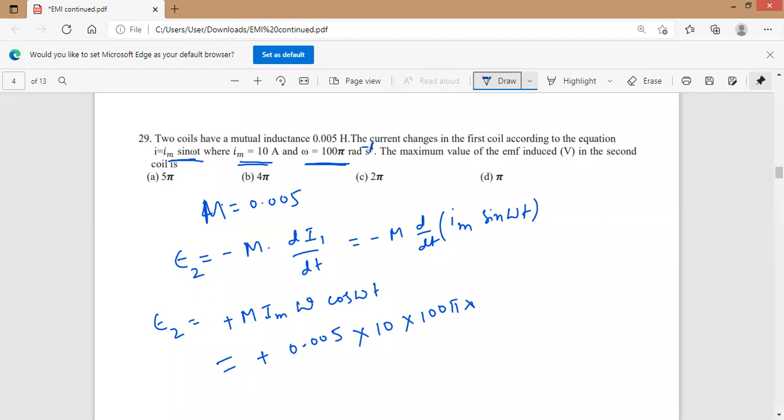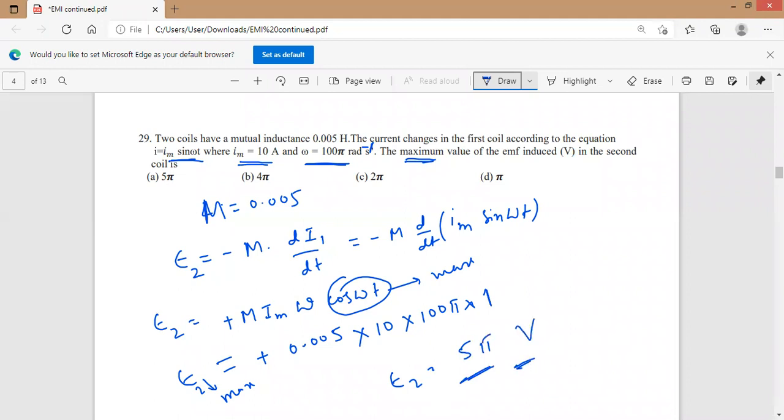He is asking for the maximum, so the induced EMF is maximum when cos omega t is maximum, that is 1. Therefore, E2 is equal to 10 into 100, which is 1000, into 0.005, which is 5 pi volt.